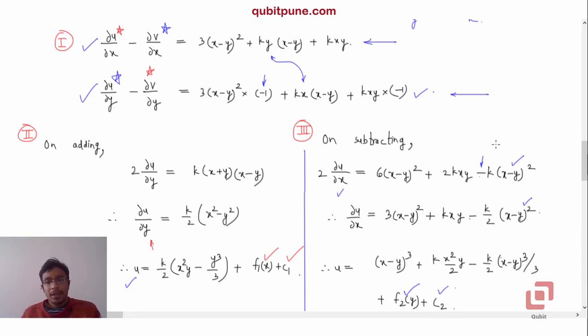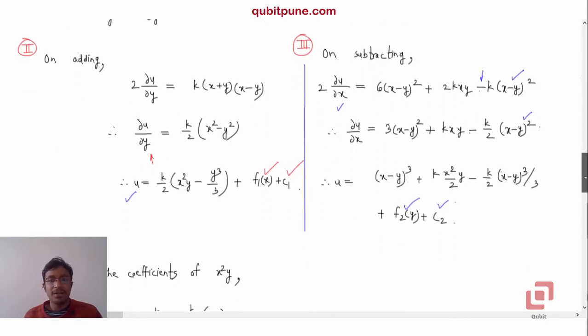Now u can't be two different functions, it has to be the same function. So instead of comparing the two, all we are interested in is finding the value of k, and k happens to be present here, and it also happens to be present here, correct?